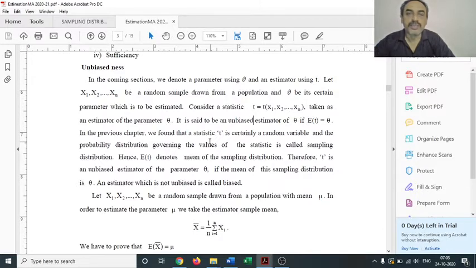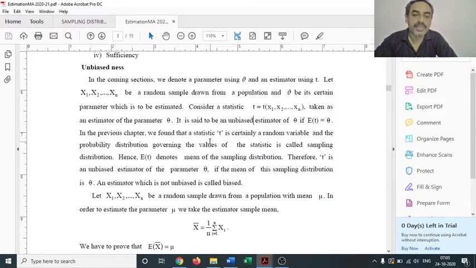Therefore, if the mean of all these variables T is theta, or if the mean of the sampling distribution is theta, then T is said to be an unbiased estimator. Mean of a variable and mean of the respective distribution are the same. Therefore, T is said to be an unbiased estimator if the expectation of T is equal to theta, or the mean of the distribution followed by T is equal to theta.